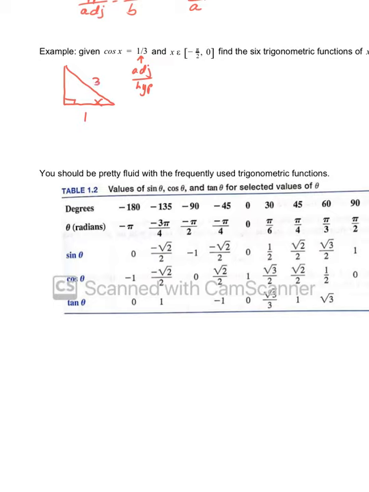I also know I can find the missing side because 1 squared plus the missing side squared equals 3 squared. That's the Pythagorean theorem. So y squared equals 9 minus 1. So y would be square root of 8, which is 2 square roots of 2.